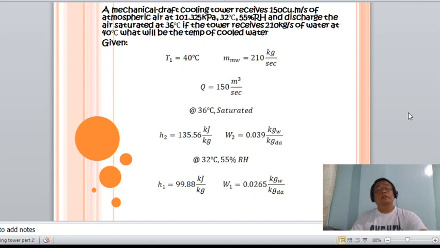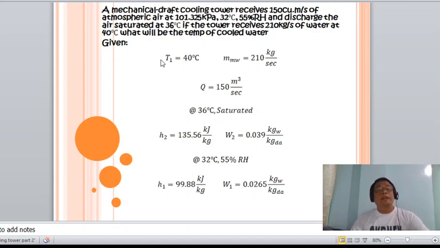Okay? So the given, class, is of course the initial temperature of the water is 40, the mass of water is 210 kilograms per second, and the volume of air is 150 cubic meters per second. Okay.